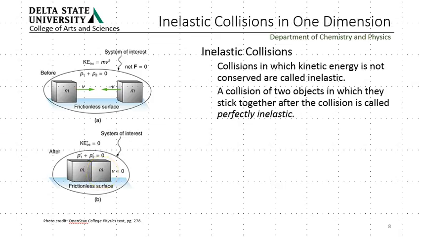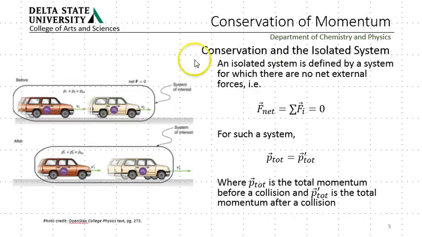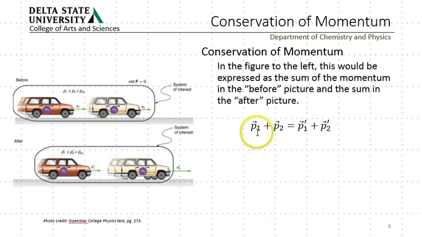All right. So let's review real quick. Total momentum comes from momentum, mass times velocity. All right. Force is change in momentum over time. Total momentum is conserved. Right? So the total momentum before and the total momentum after are the same.